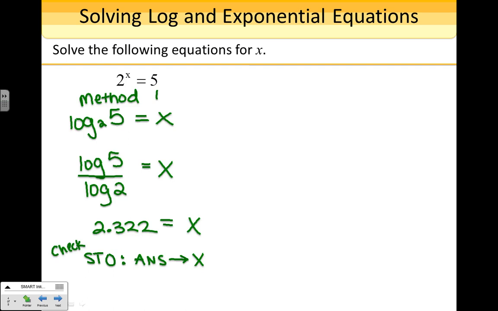Let's put this in a different color so we can know that this is how we check our work. You want the exact decimal to be in there, otherwise it's going to be off if you put in the rounded answer. Then put in 2 to the x, and that should equal 5.